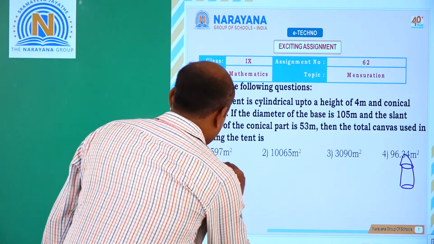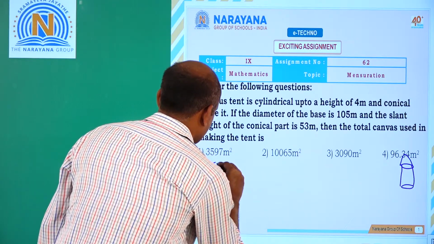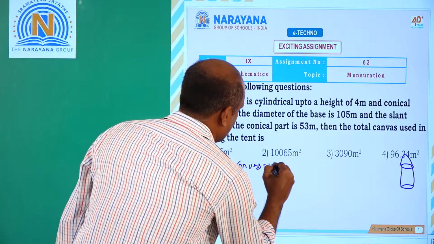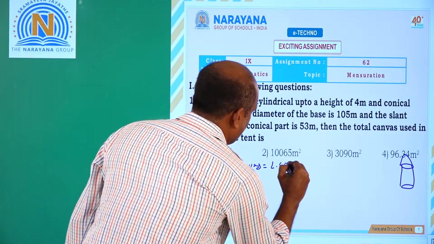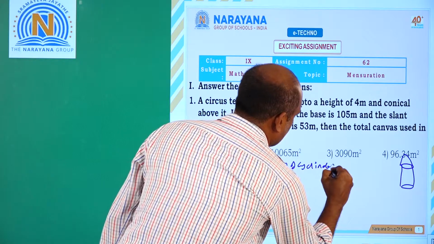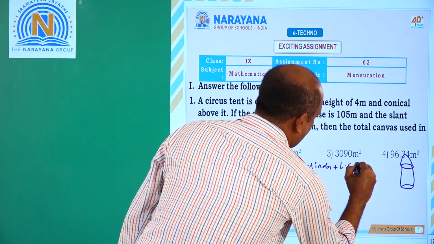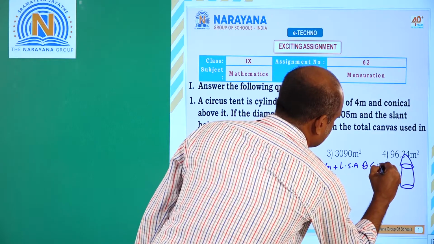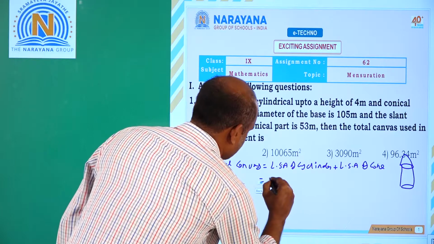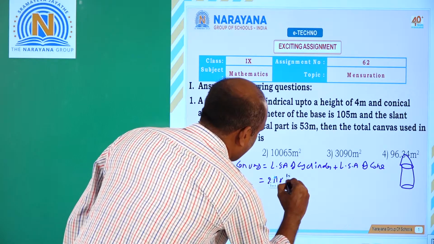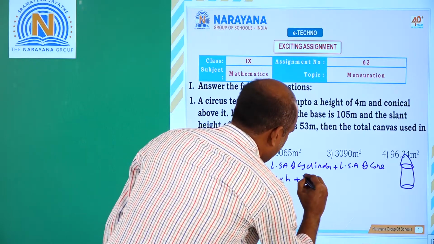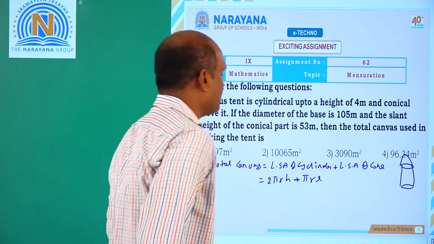So total canvas is equal to LSA of cylinder plus LSA of cone. Lateral surface area of a cylinder is 2 pi r h, plus lateral surface area of a cone, pi r l.